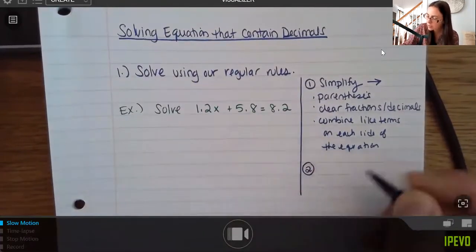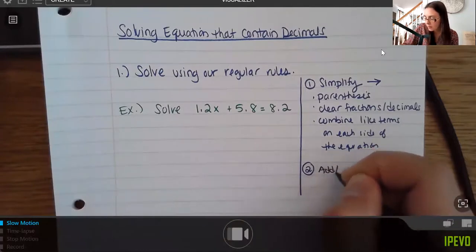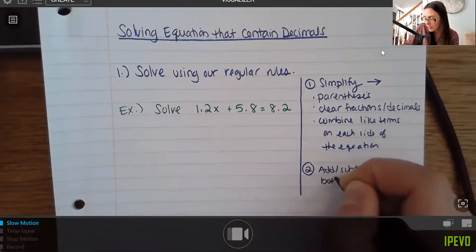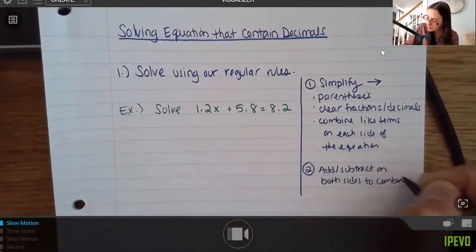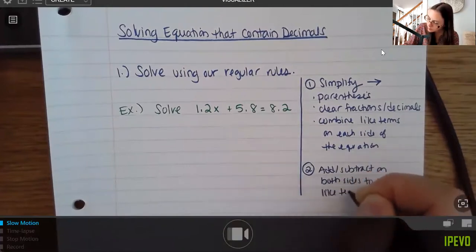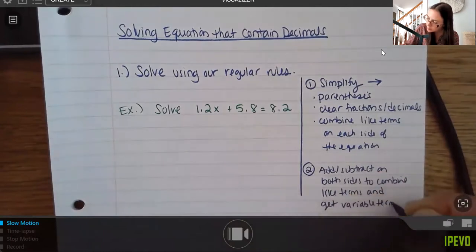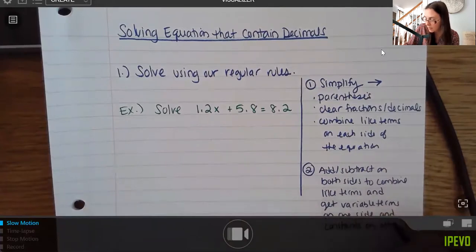So the second thing I'm going to start doing is I'm going to add and subtract on both sides to combine like terms and get variable terms on one side and constants, so just numbers, on the other side.